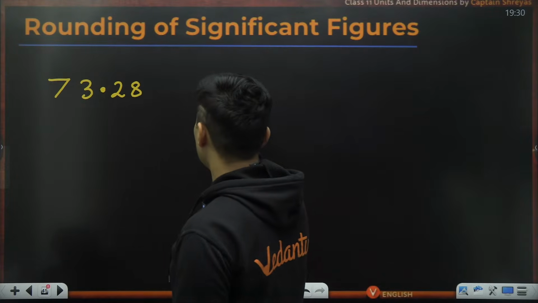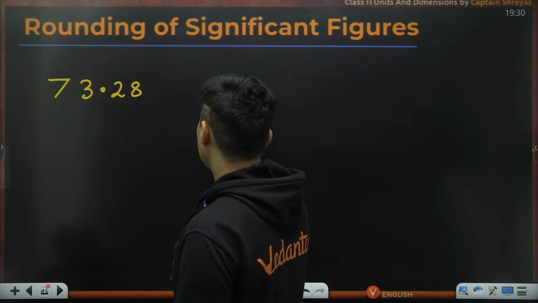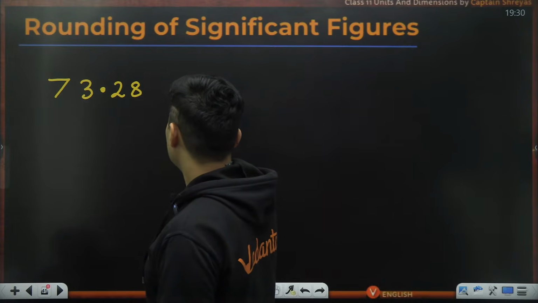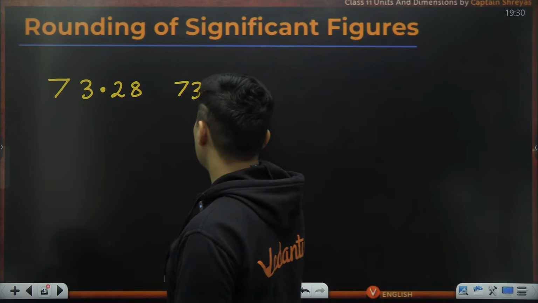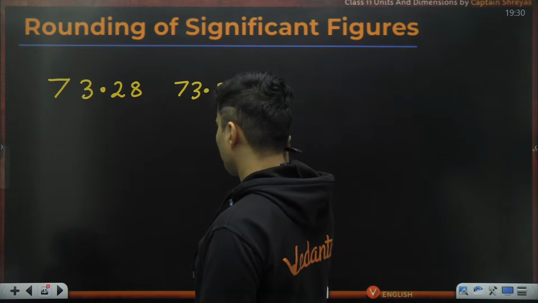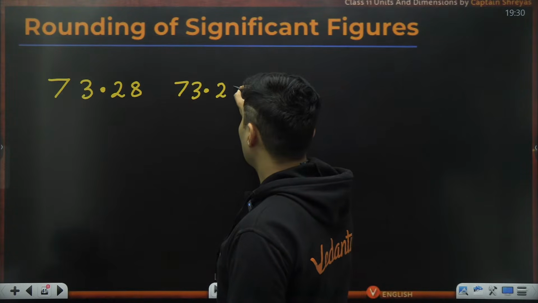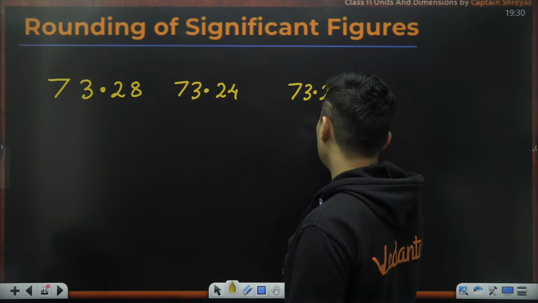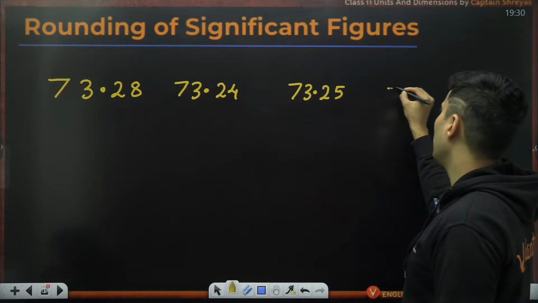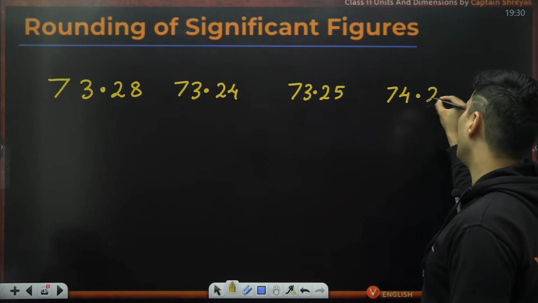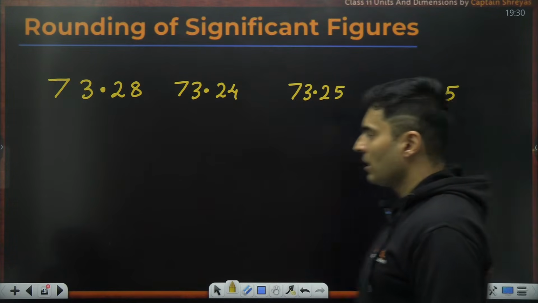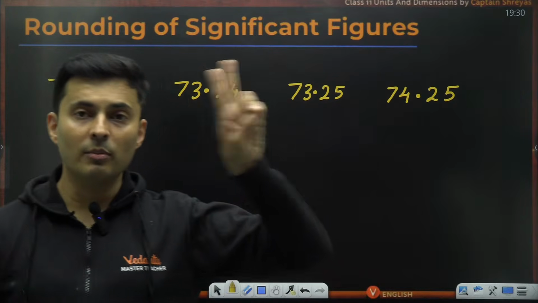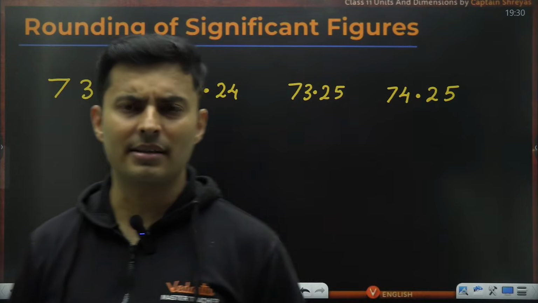Then you have a number like 73.22, or let's say 73.24. Then you have 73.25, and then you have 74.25. All these numbers have two decimal places. I want to remove the two decimals and write it into a single decimal.